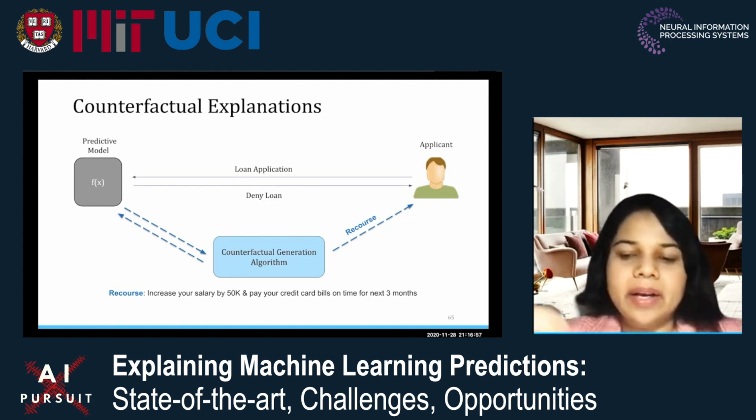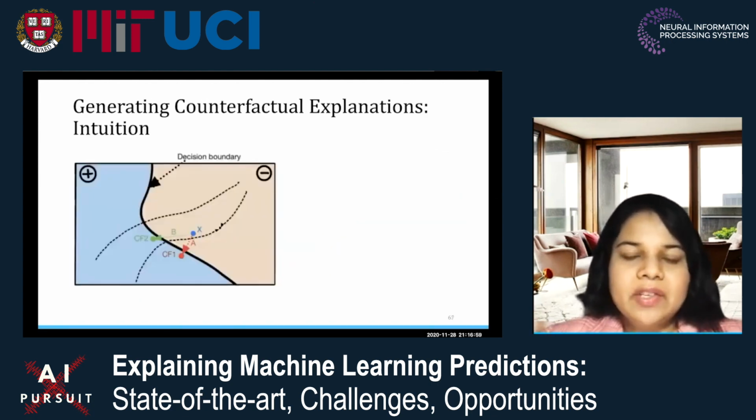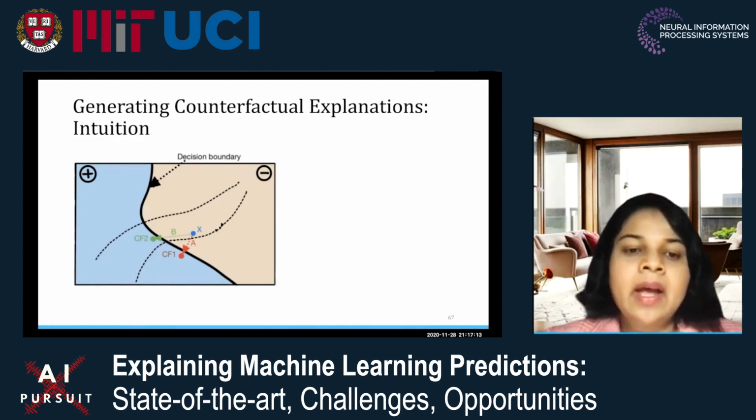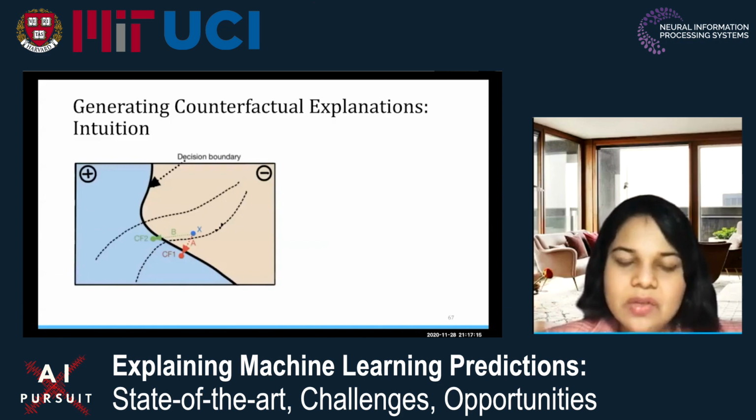Now let's talk a little bit about the intuitions behind how to generate counterfactual explanations. What you see here is basically a simple diagram showing a decision boundary between the positive and the negative classes. We have an instance X for which we need to find the counterfactual.